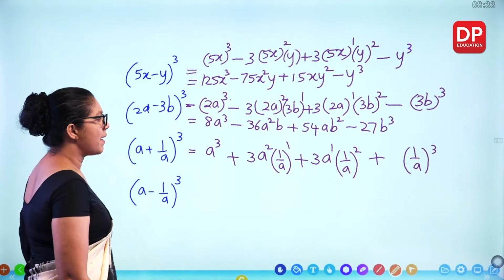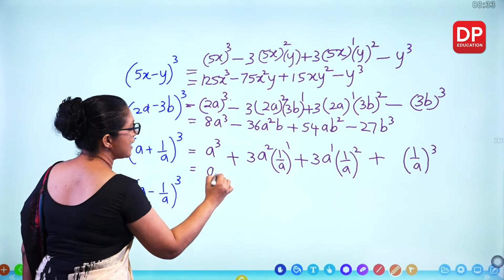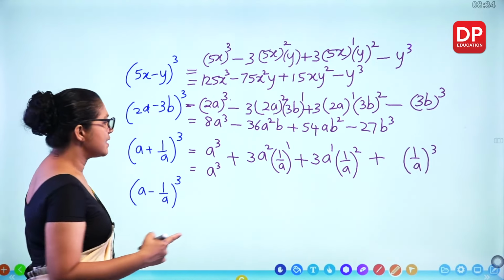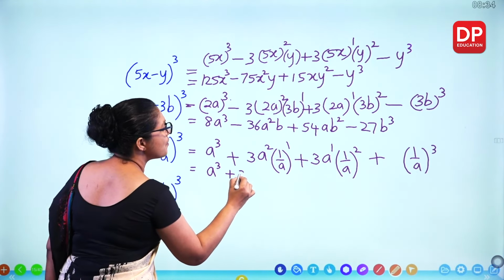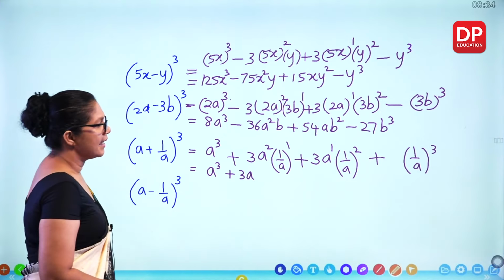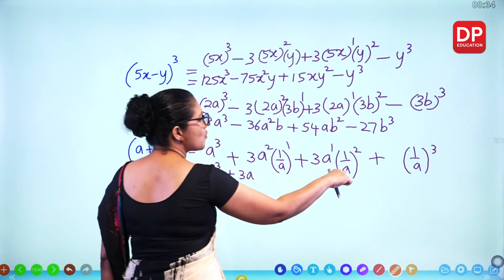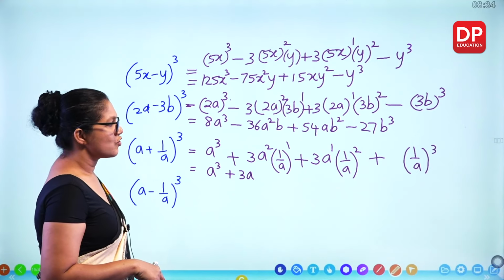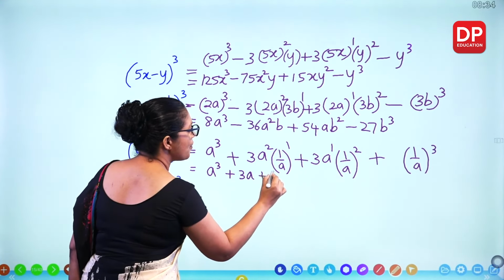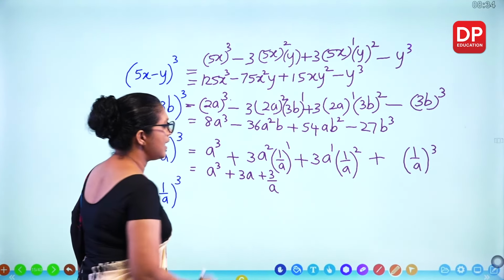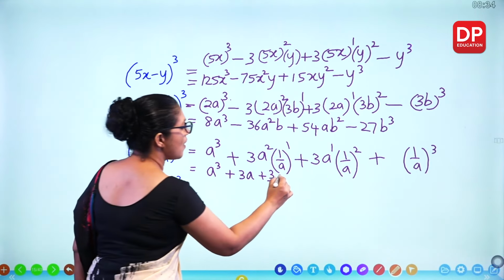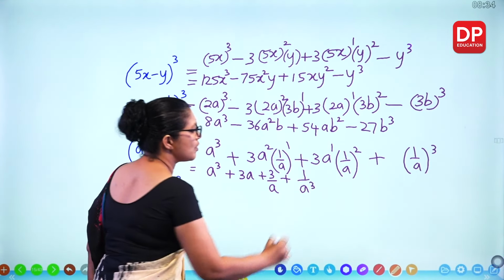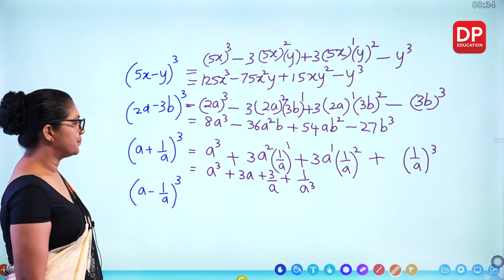So now expand and write down a cube. This a squared and 1a get cancelled out and you are getting 3a. This one, a squared down and 1a in the numerator. So you get 3 over a. Last one, you get 1 over a to the power 3, a cube.